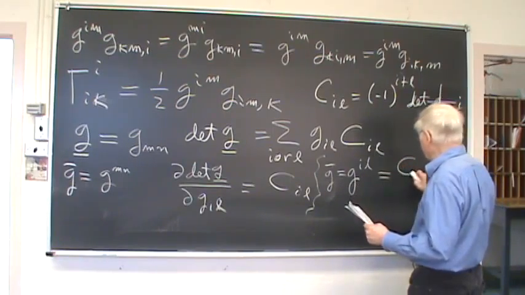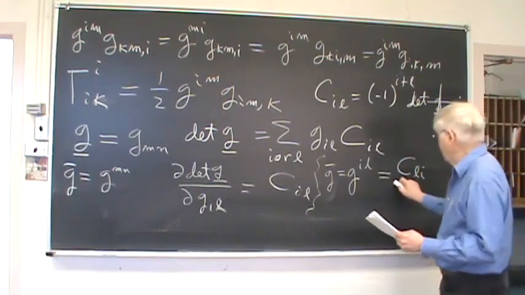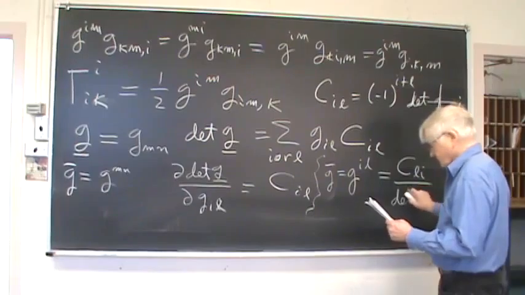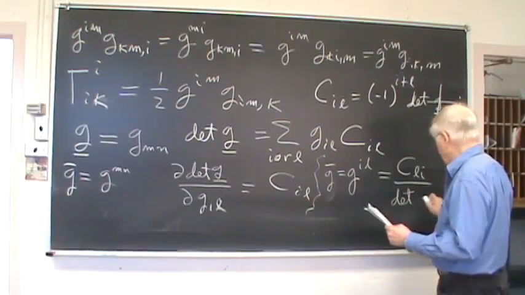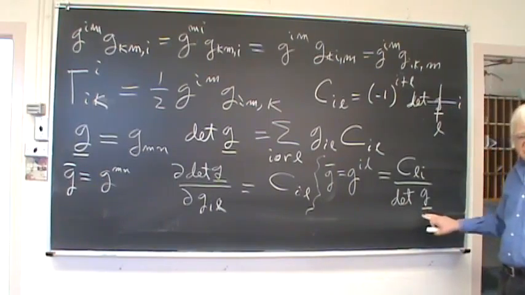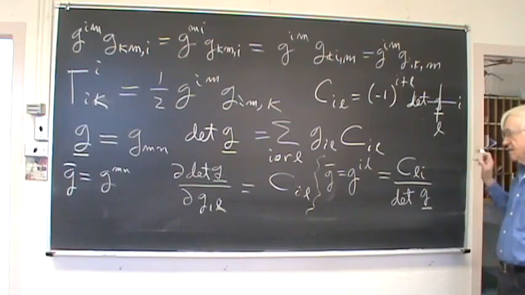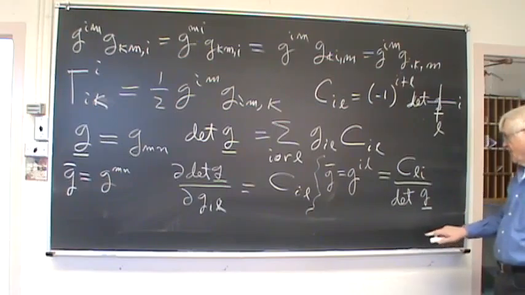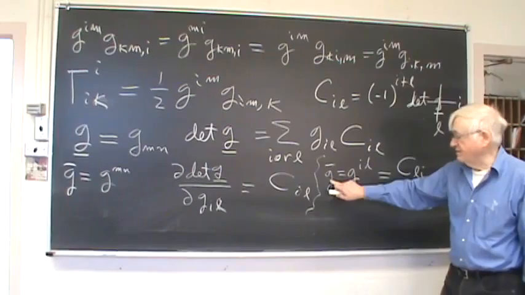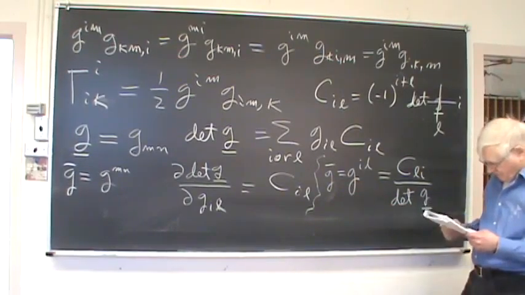Well, it's the transpose of the cofactor, so it's C^{LI}, divided by the determinant of the matrix. So the basic matrix is G covariant. You take its cofactor matrix, transpose it, divide by the determinant of G underbar, and that gives you the matrix that is the inverse of G covariant. Okay.